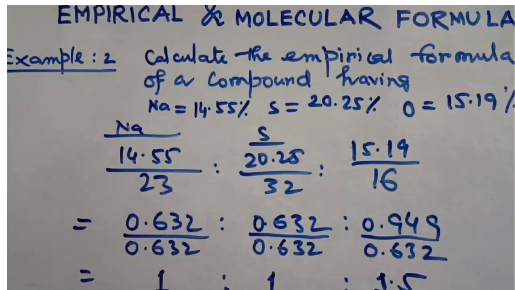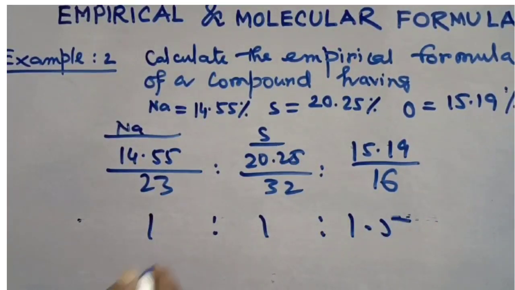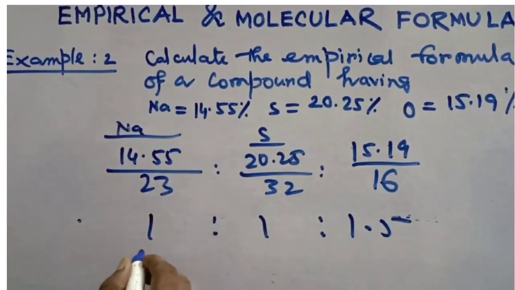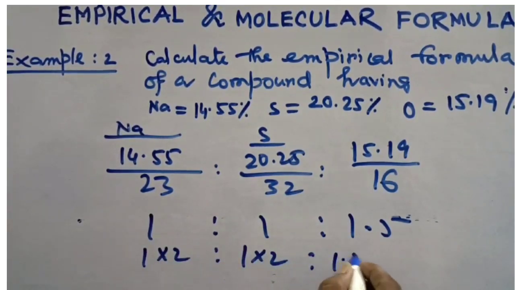So we have to multiply each number with 2, that is 1 into 2, 1 into 2, 1.5 into 2, that is 2 is to 2 is to 3.